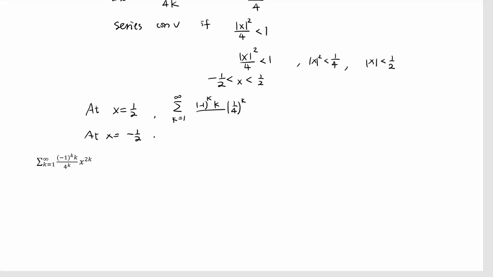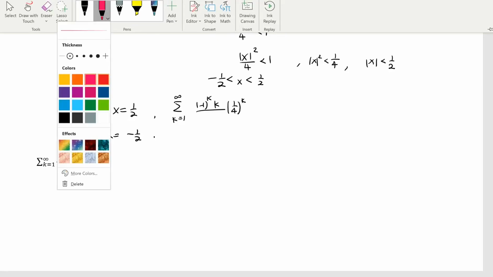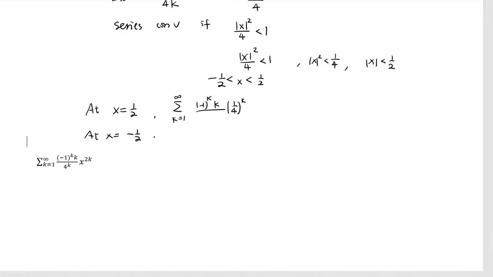Yes, I do. Do you see my mistake? My mistake is here: when we multiply by 4, we actually get 4 instead of 1/4. So when we take the square root, we get 2, and then we get minus 2 and 2 there. So we actually get 2 and minus 2. Okay, so when we plug in 2, 2 to the 2k is 4 to the k.